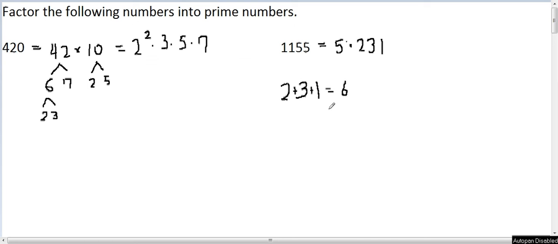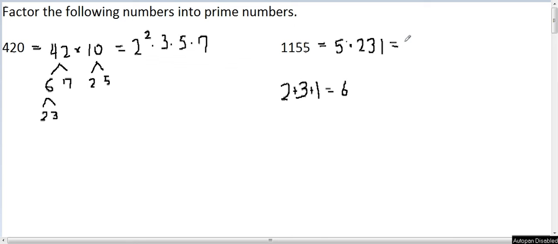So what we can show is that if this number, the digital root, is divisible by 3, then this number here, 231, is also divisible by 3. And since 6 is divisible by 3, 231 is also divisible by 3.